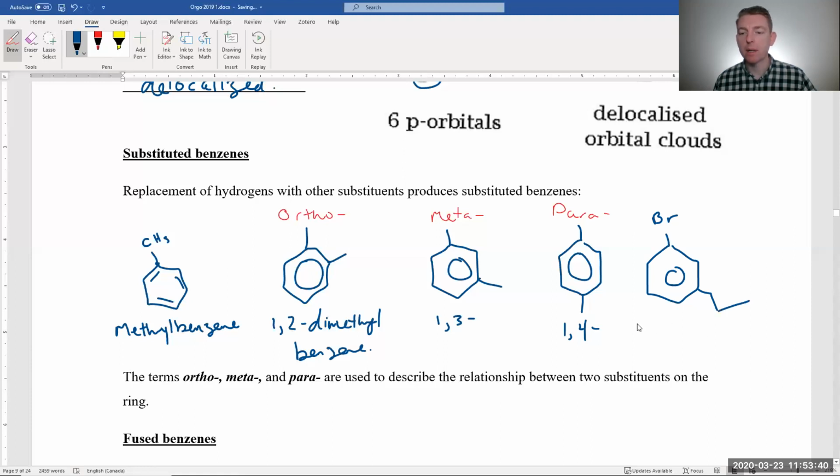Okay, so this would be like 1-bromo-3-propylbenzene. And just for completeness' sake, we could say meta, okay? So there, and we're going to get to other functional groups that we can add onto this thing. Really, the options are endless.